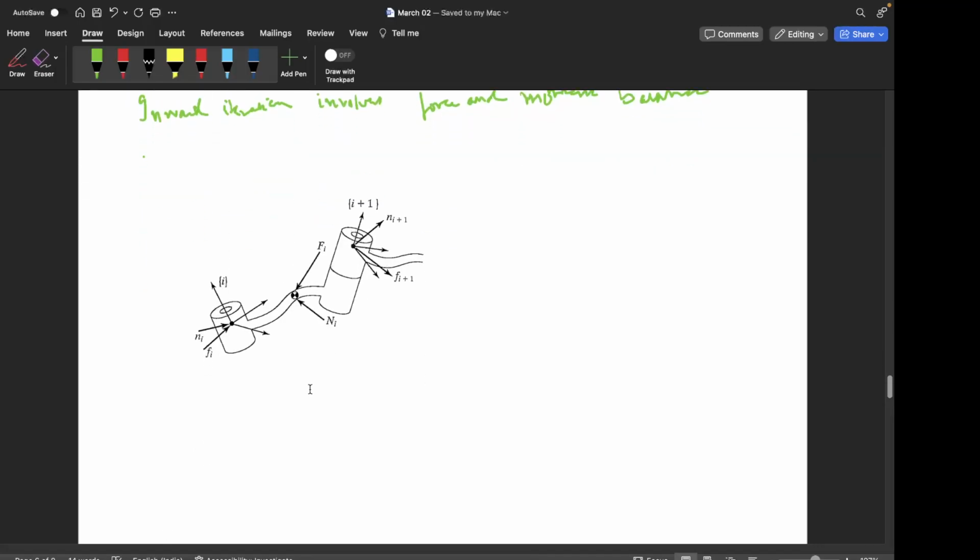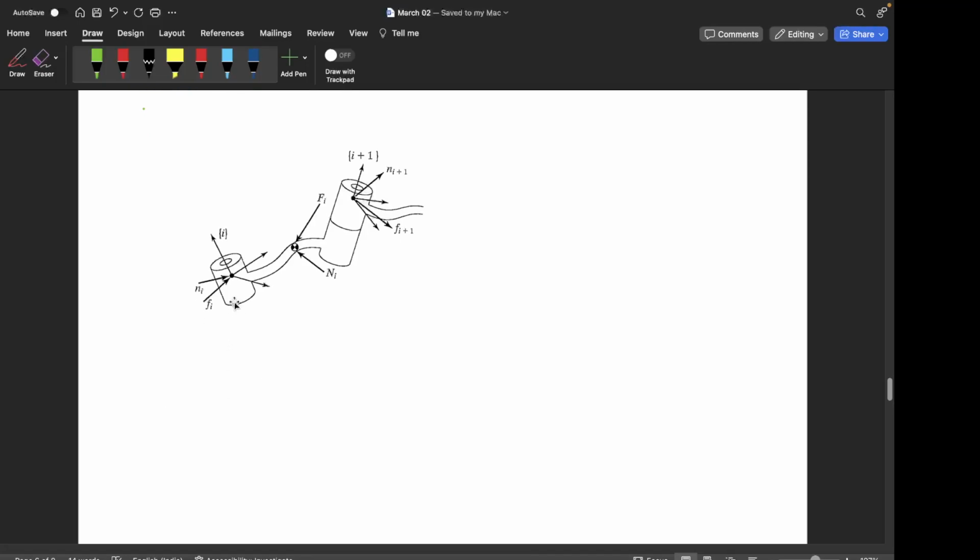So now note that we have other symbols for torques and forces at the joints.